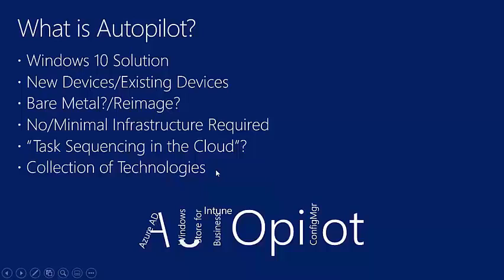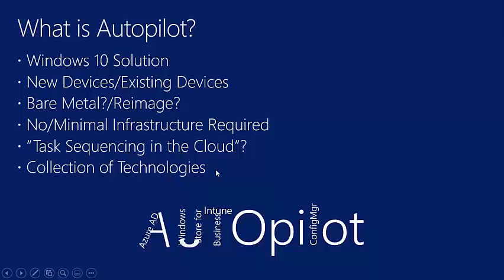Also, Autopilot focuses both on new devices and existing devices. In terms of new, the setup, the pre-configuring of new devices so that they're actually ready for production use. In terms of existing, being able to take those devices that are in the field, repurpose them, reset them, recover them, and configure them so that you can re-image, quote unquote, them with Autopilot.